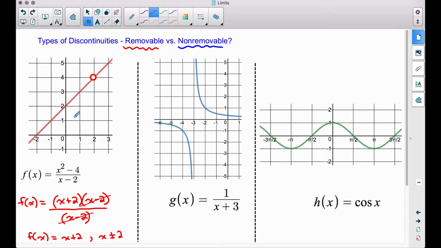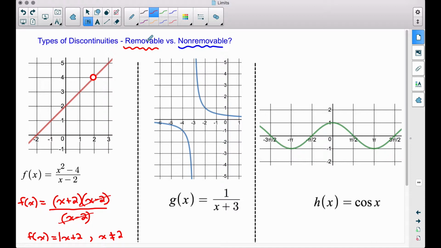So really, when we look at this graph here, all we have is a line with a slope of 1 and a y-intercept of 2, right? We're crossing the y-axis at 2. Our slope is 1. But notice x cannot be equal to 2. That's where our hole is, and we are removing that x minus 2 factor.